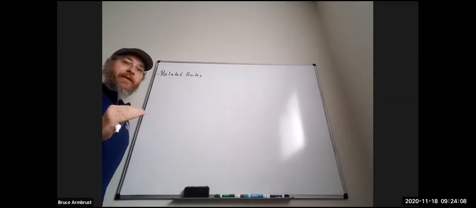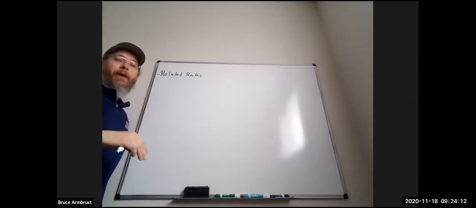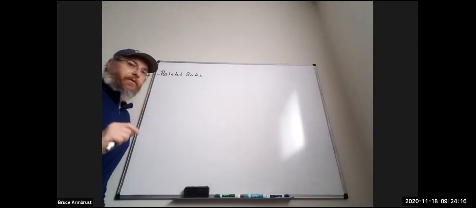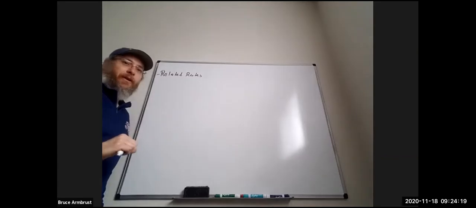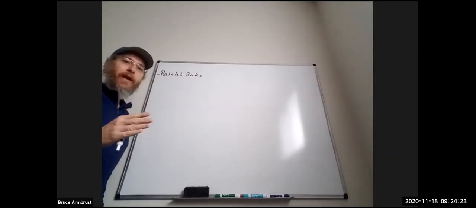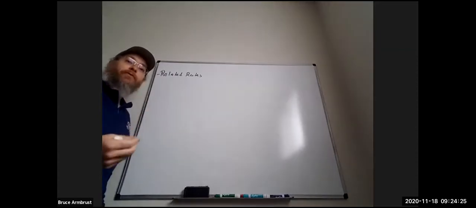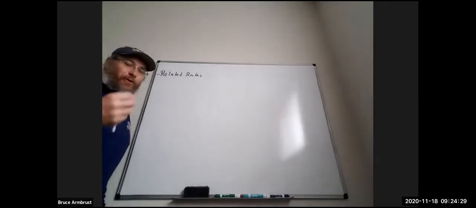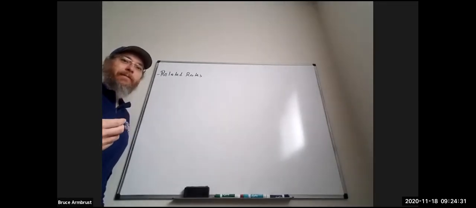A lot of times it says rate, right? The pile of dirt is growing at a rate of, or the population is decreasing at a rate of. So a lot of times they use the word rate. That's a dead giveaway.